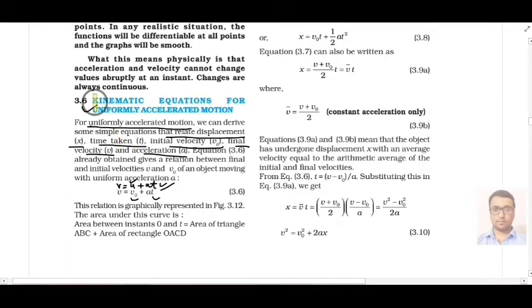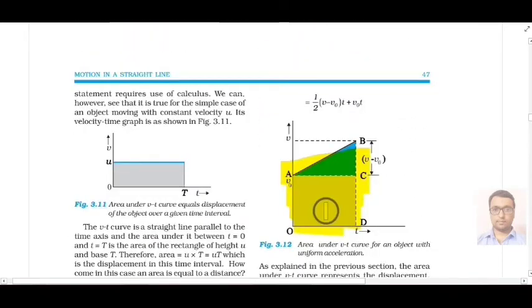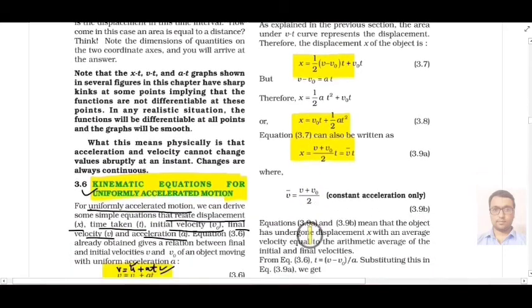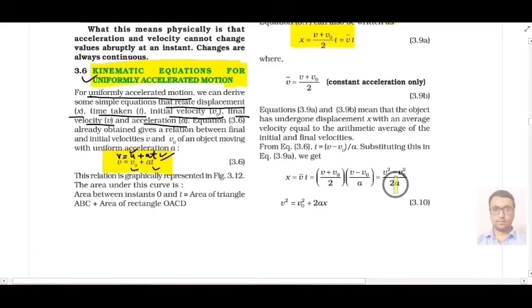So here you can see that we have proved the kinematic equations of uniformly accelerated motion. We have proved the first equation. Then with the help of this graph we have proved the second equation, that is equation number 3.8, and then after that we have proved equation 3.10 also.